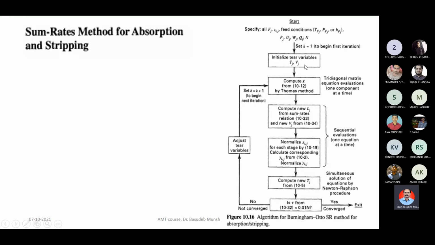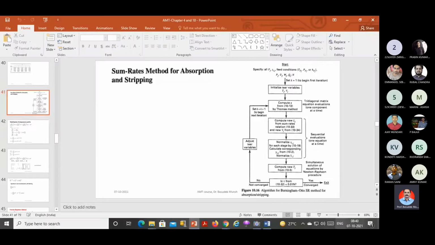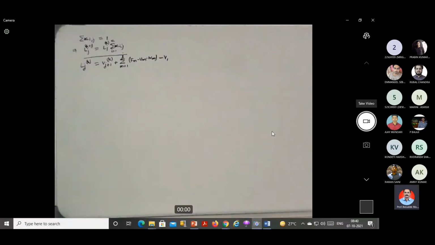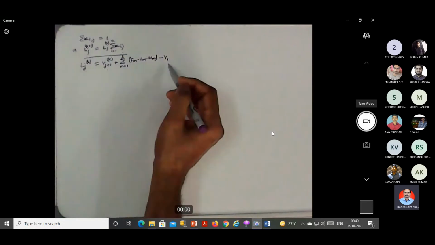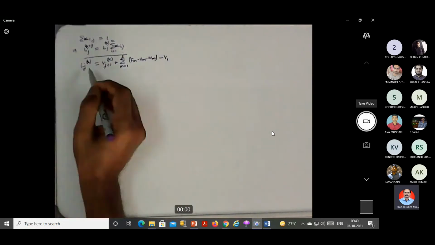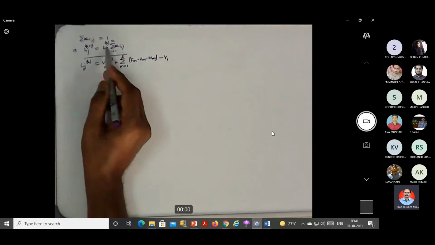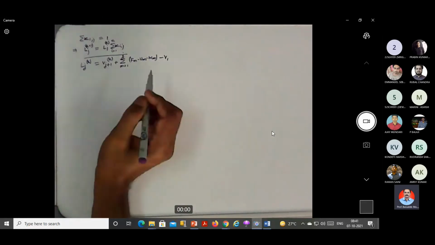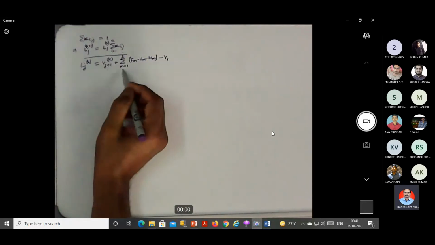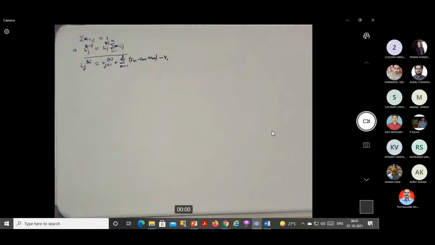All V values you have to guess. So from the guessed values, we know all V values, including V1. That is how we calculate the previous iteration level Ljk. Clear? Any doubt?